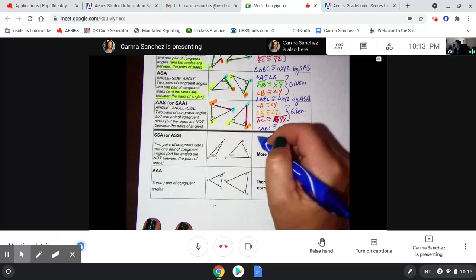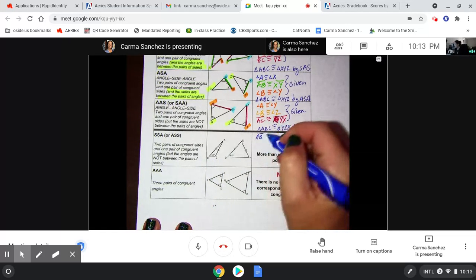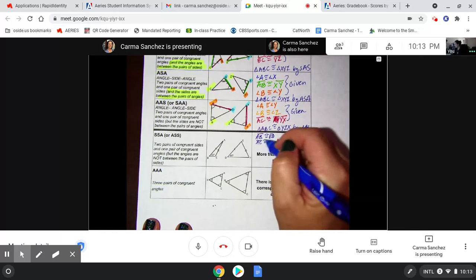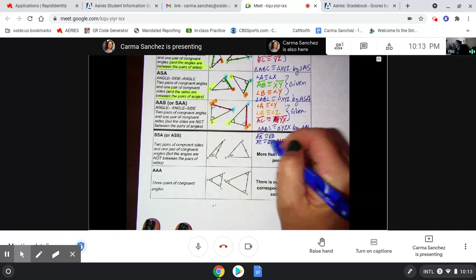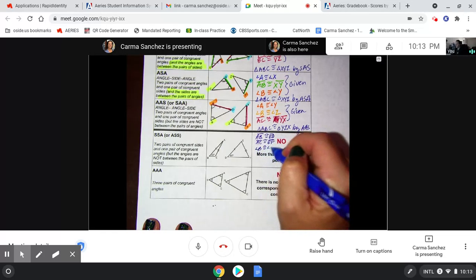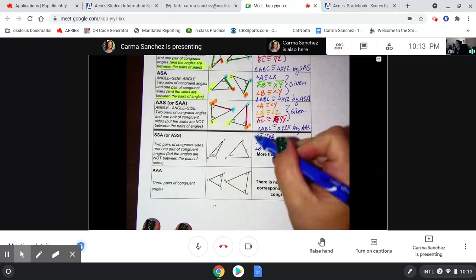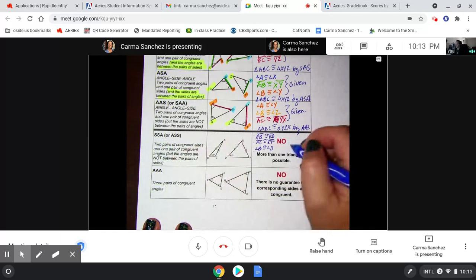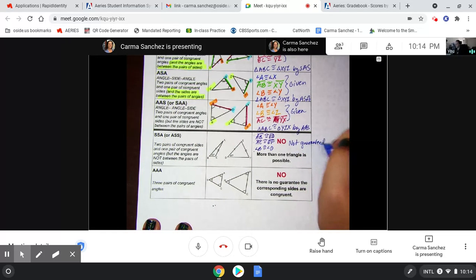So you might go, okay, AB is congruent to ED and AC is congruent to EF, those were given in the picture, and angle B is congruent to angle D. But these three statements are a side, and an angle, SSA, and we know no, they are not guaranteed congruent because more than one triangle is possible.